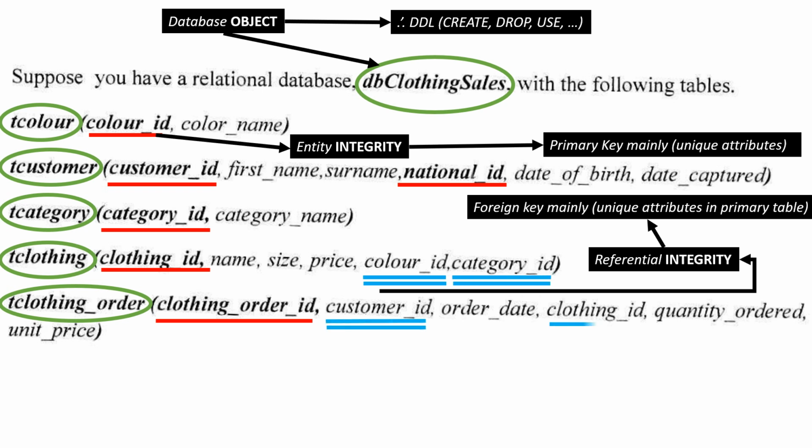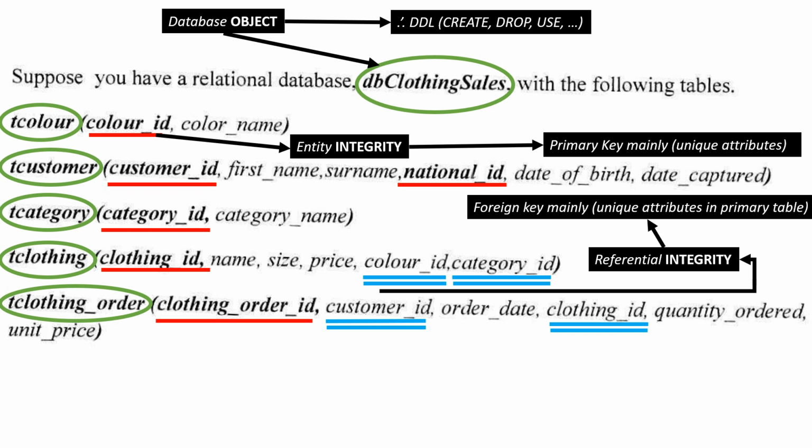So here we have category ID, customer ID, clothing ID. All these attributes are used to enforce referential integrity. Therefore, what does it mean when we have foreign keys like this? What it means is T clothing depends on two tables which are T color and T category.